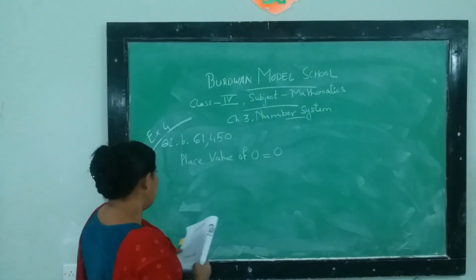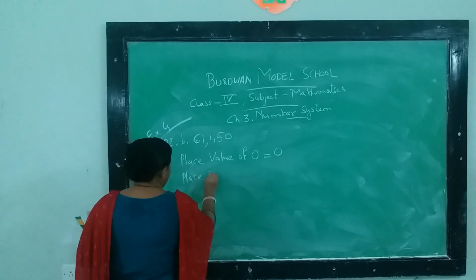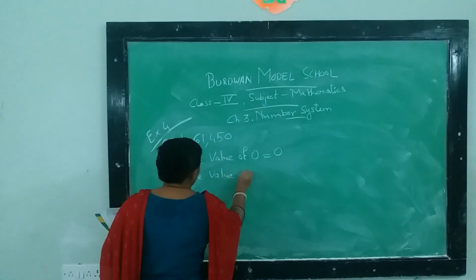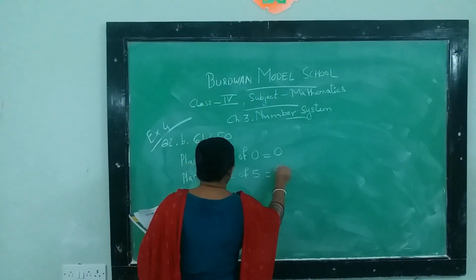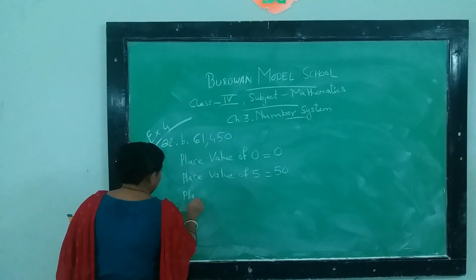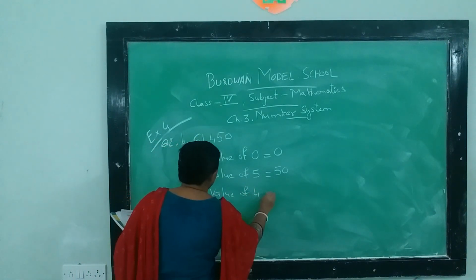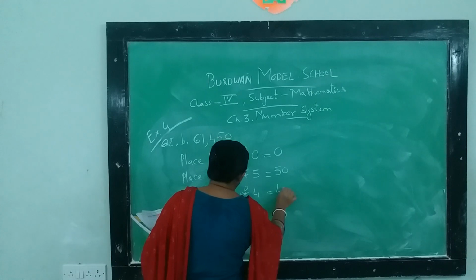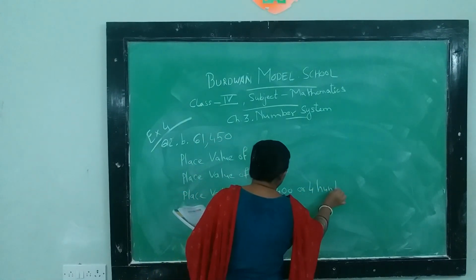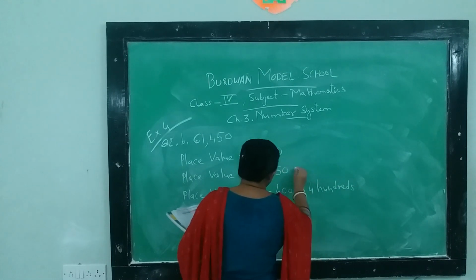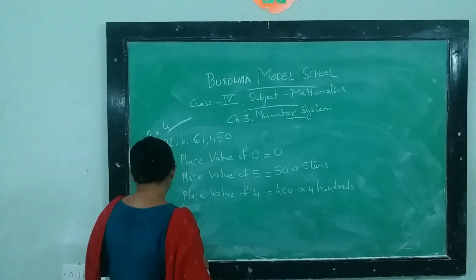Now next, the place value of 5. It is in tens place, so you will write 50. Then place value of 4. It is in 100 place, so you will write 400, in words as well as in figures.